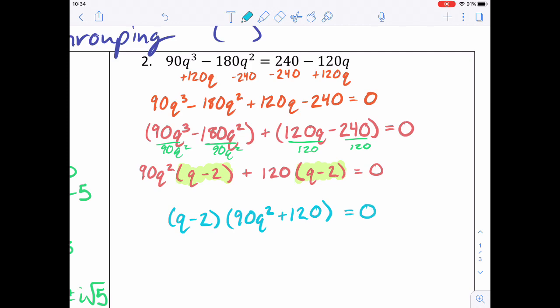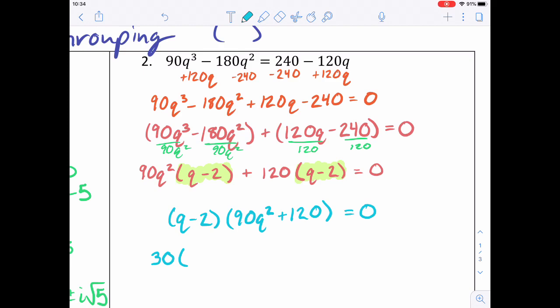Once we get here, we need to look and make sure that we can't factor either one of these any further. Q minus 2 is just linear. We can't do anything with that. There's no GCF. Then we have 90q squared plus 120. There's a GCF there of 30. Typically we put GCFs out in the front, so we're going to move it all the way to the front. And then if you wanted to, you can flip them, or you can keep them in the same order.